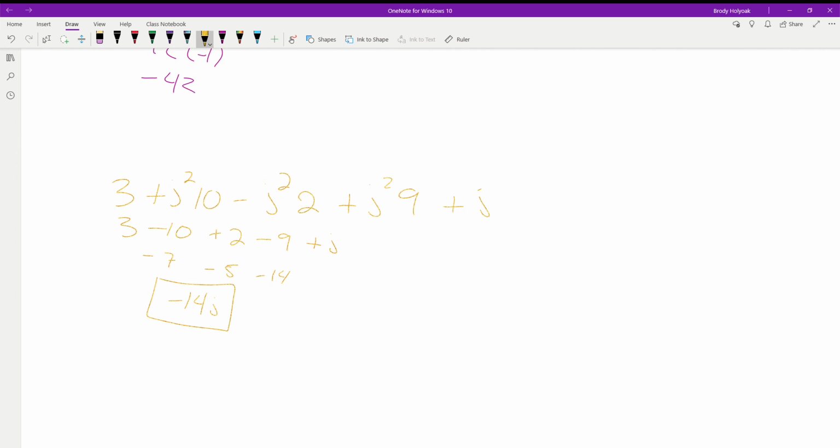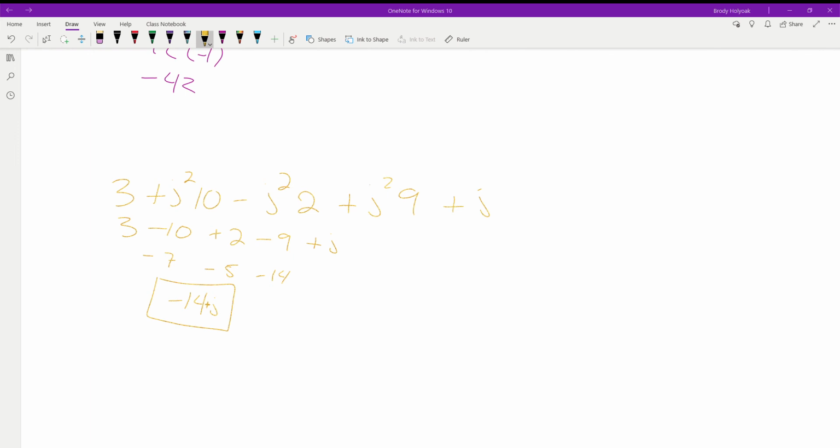Plus. Because it's not multiplied, yes. So that's the type of questions we're going to be looking at for complex numbers.